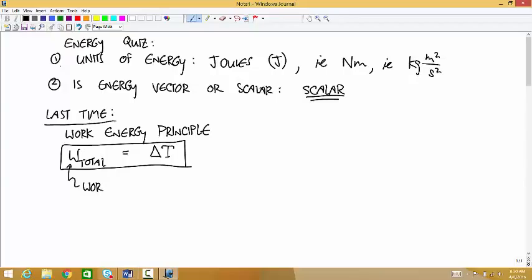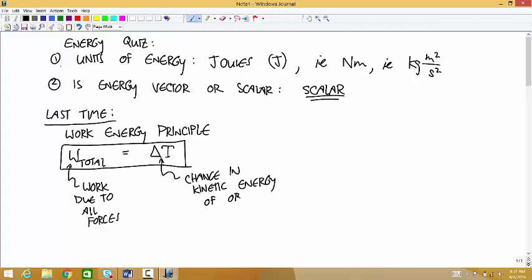So this is the work due to all forces. And this is the change in kinetic energy of the object.